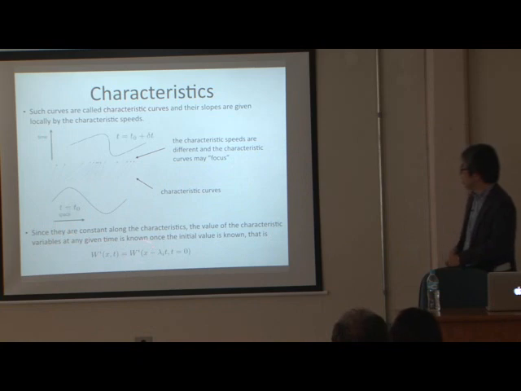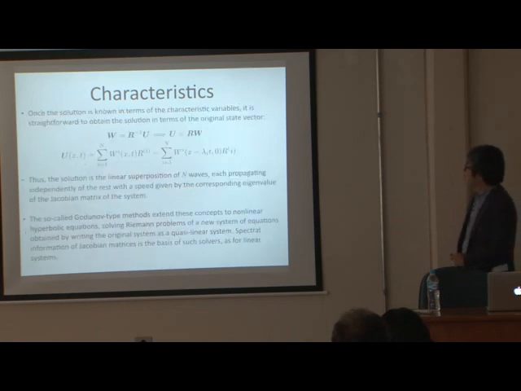So this is one of the initial value problems. If we have information at any point of x and t, we can propagate this information to each point. Once the solution is known in terms of the characteristic variable, it is straightforward to obtain the solution in terms of the original state vector.